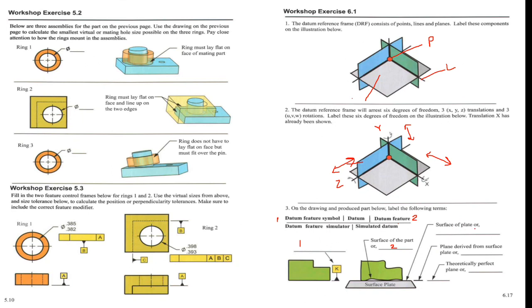The surface of the plate is a datum feature simulator. And the plane derived from the surface plate is a simulated datum. And the theoretically perfect plane is the datum.